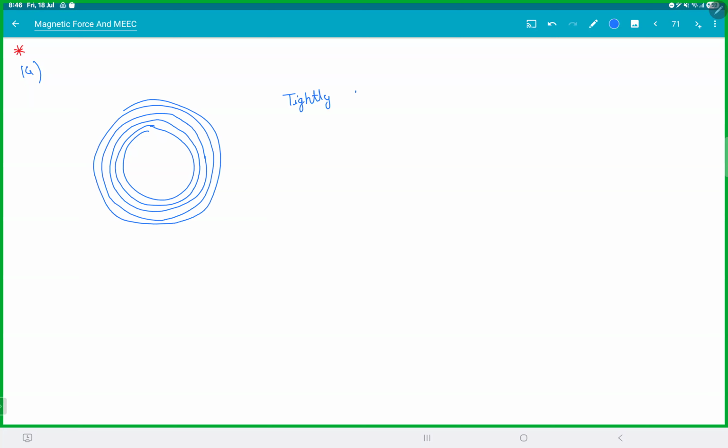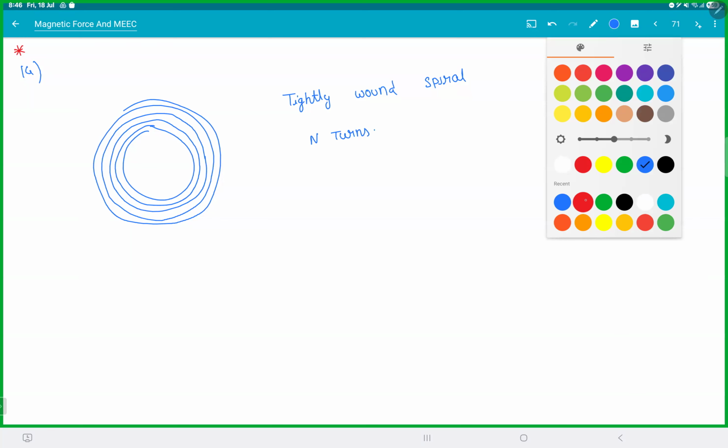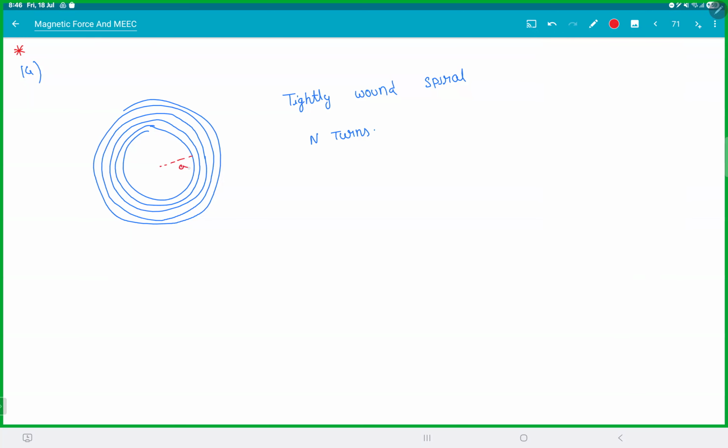It's a tightly wound spiral. There are a lot of turns and it is tightly packed, so I'm not able to draw it that way. N is the total number of turns. The inner radius is A, outer radius is B, and the current I is flowing in all of them. Find the mu of the spiral.